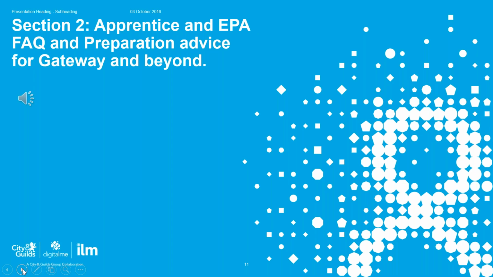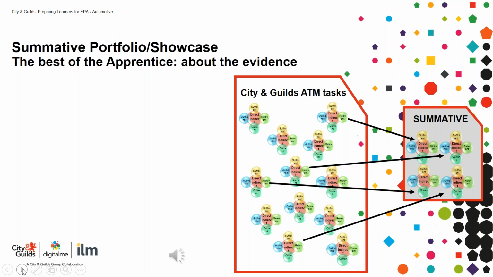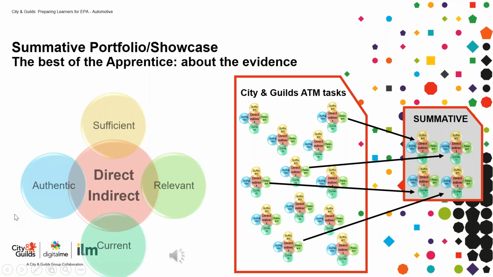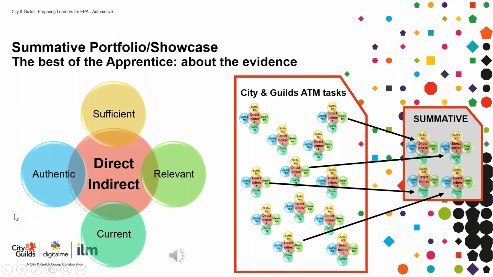Okay, in this section, we're going to look at some frequently asked questions around getting to Gateway and preparing for EPA. After you've received access to the EPA portal, you will need to upload the Gateway evidence to us.